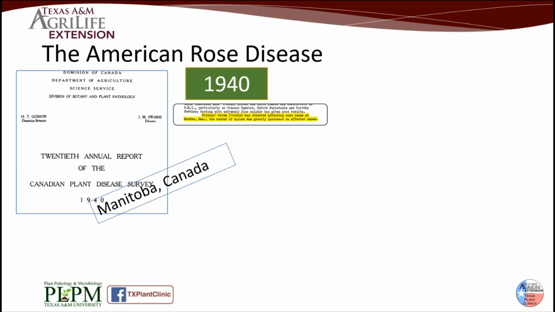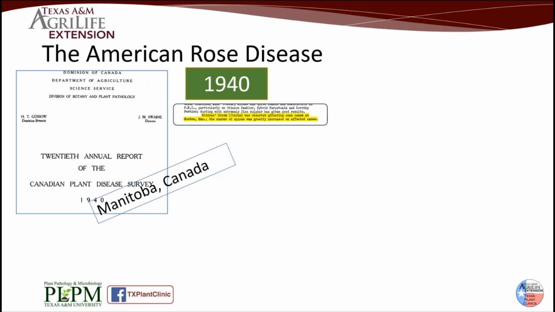So the genesis of this project, or how I got suckered into this project by Dr. Dave Burns, was the disease called rose rosette. I had been working some on it in the early 2000s, but I'm also a little bit of a history buff, so what I wanted to do was take a look and see what was in the literature. Here's the funniest thing about disease and history.